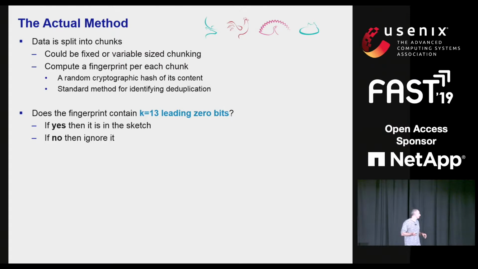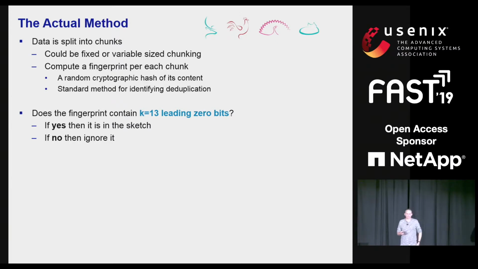The method is this. Does your hash begin with 13 0 bits, not bytes? Does it begin with 13 zeros? 13 is a parameter, of course. If yes, it's in the sketch. Keep something about this chunk. If no, just ignore it, forget about it, and go ahead.